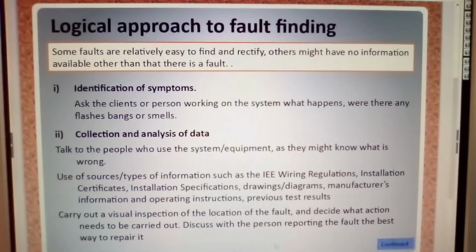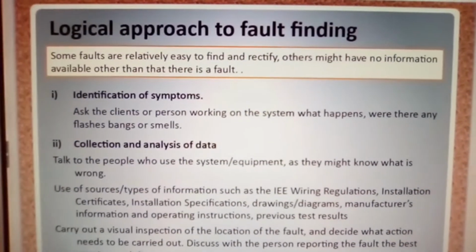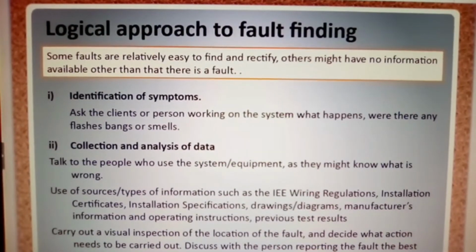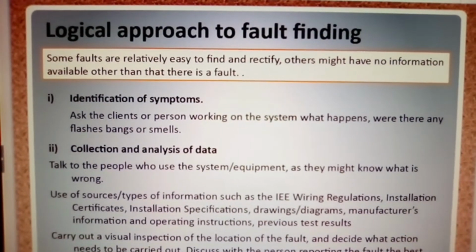And here we are again. Logical approach to fault finding. It just simply lays out some steps you should comply with and follow.